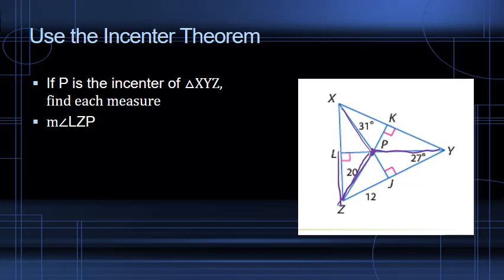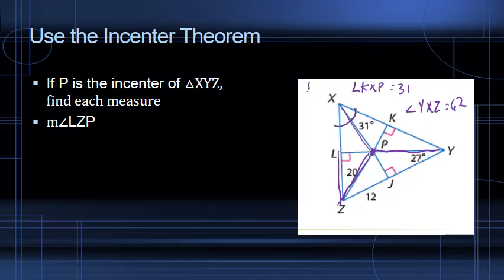I'll have to do a little work on this. I can see here that angle KXP, that angle right there, is 31. And by the definition of the angle bisector, angle YXZ is going to be twice that, so that's going to be 62.